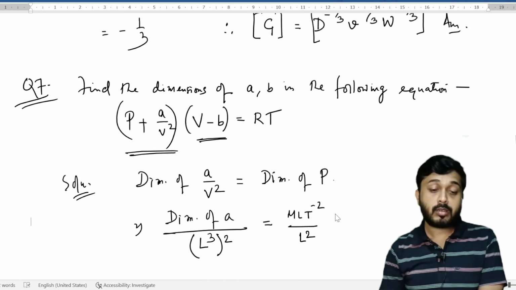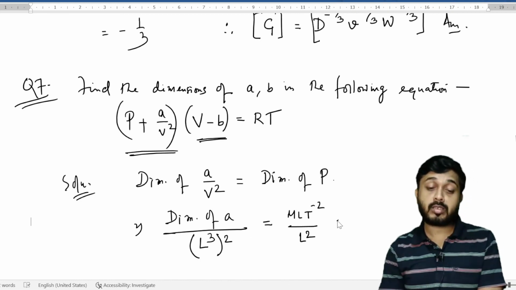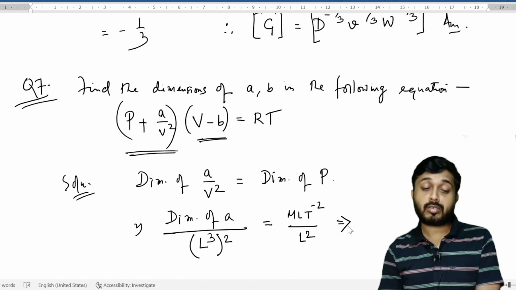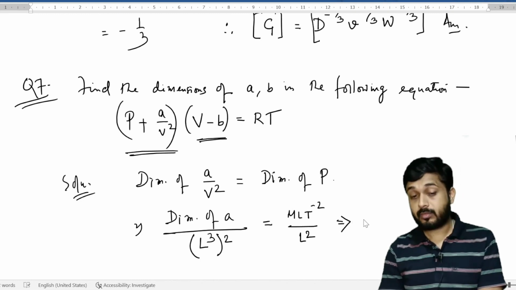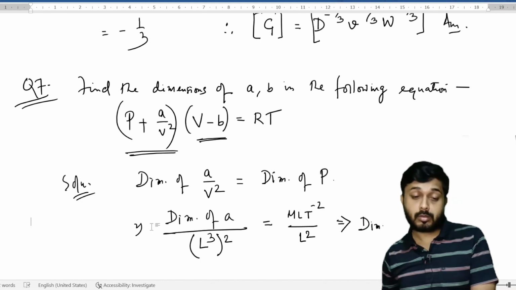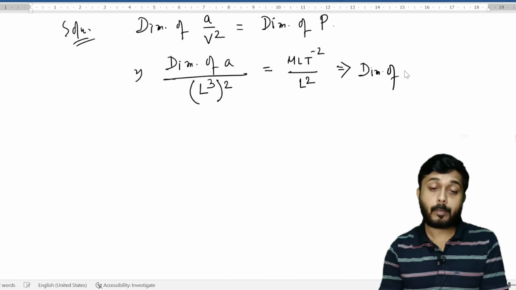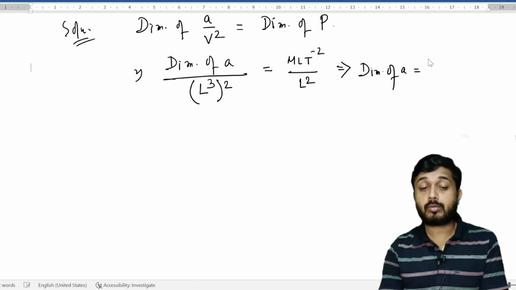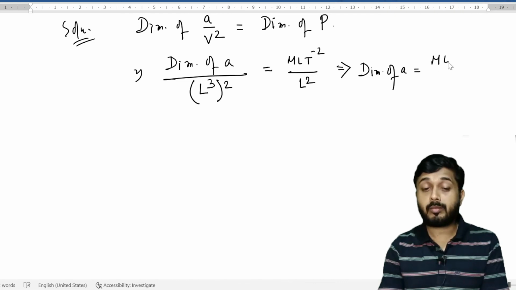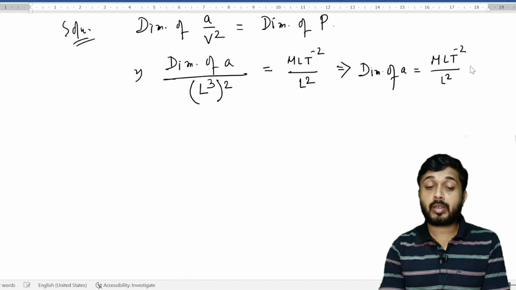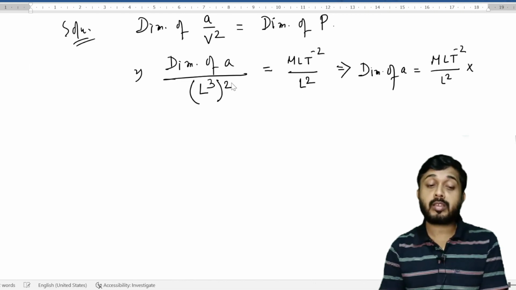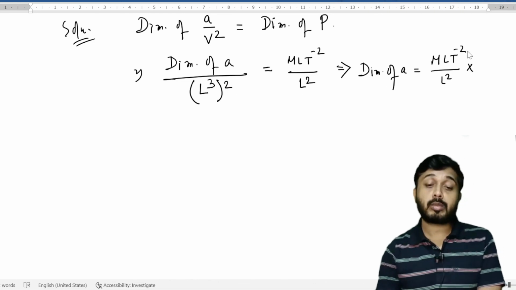All right. So from here you may easily get the dimensions of A. Dimensions of A is equal to M L T to the power minus 2 divided by L square, multiplied by L cube whole square, means L to the power 6.